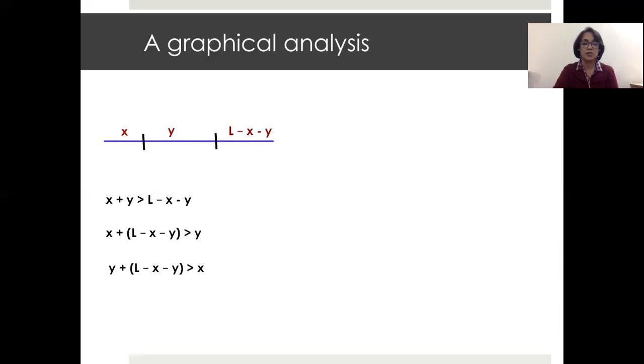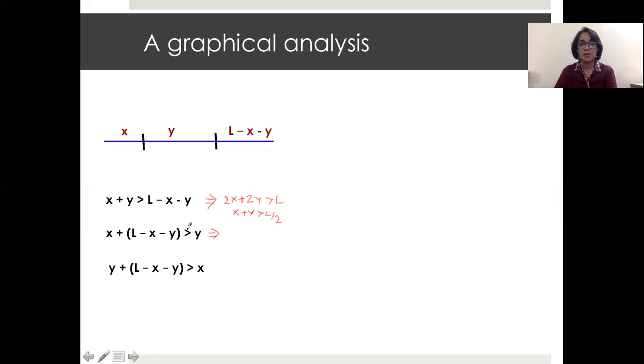And this leads us to inequations that can be simplified. The first inequation leads us to 2x plus 2y strictly greater than L, so x plus y is strictly greater than L upon 2.